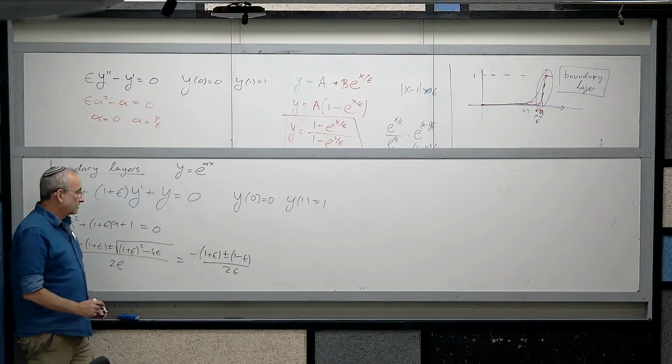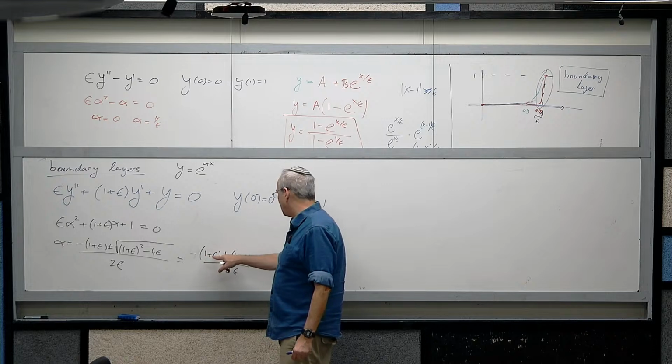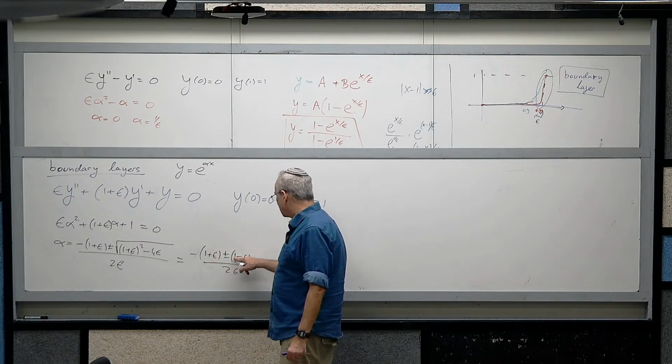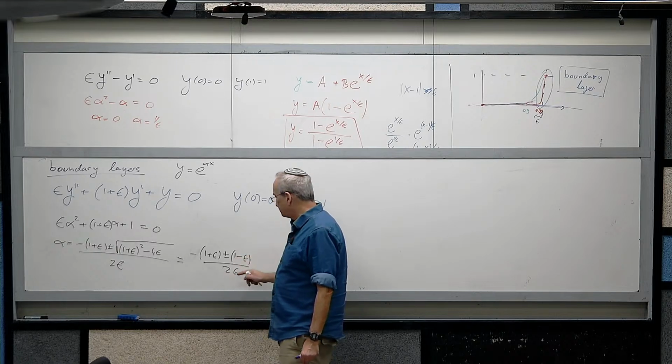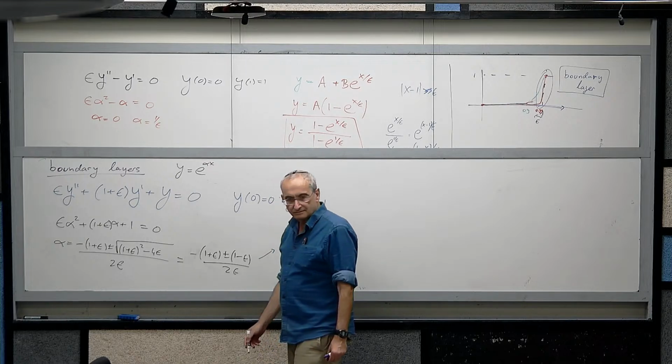If I am taking the plus, then I have minus 1 minus epsilon plus 1 minus epsilon, so it's minus 2 epsilon divided by 2 epsilon. So it will be minus 1.